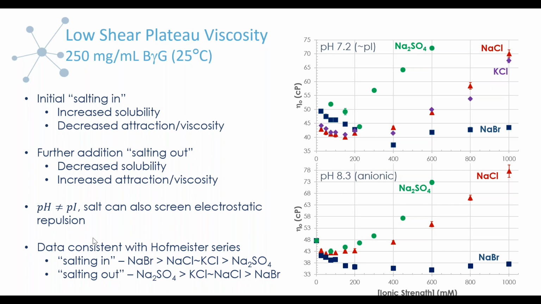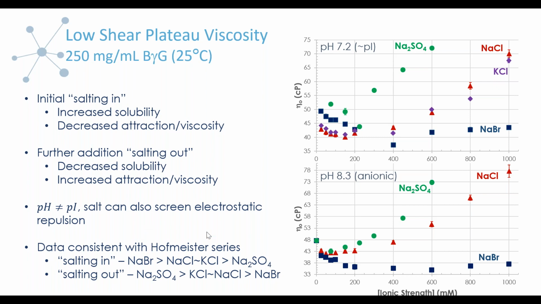But before we do that, I also wanted to point out that when we're not at the isoelectric point, so for the pH of 8.3, where we do have some negative charge, in addition to the salt potentially breaking up some attractions that exist, we can also reduce any sort of repulsive component in the potential that exists from electrostatics by screening that. So that's another effect that comes in when you have the charged state.